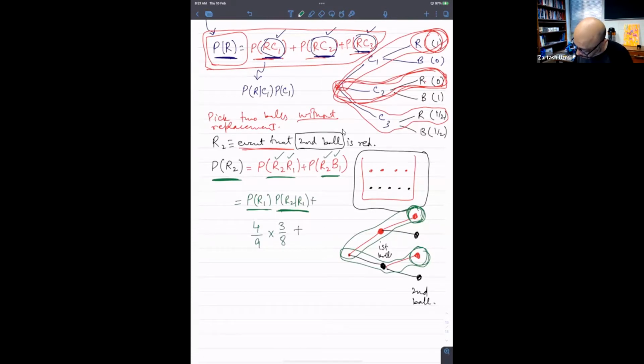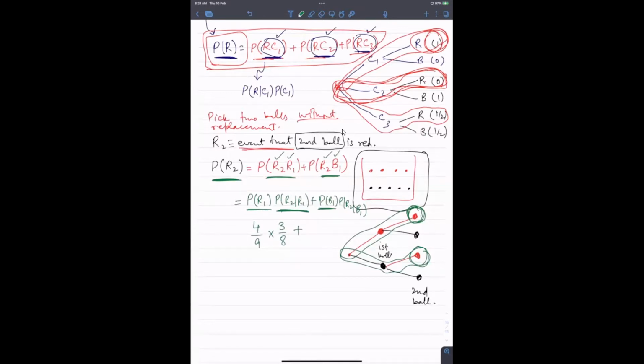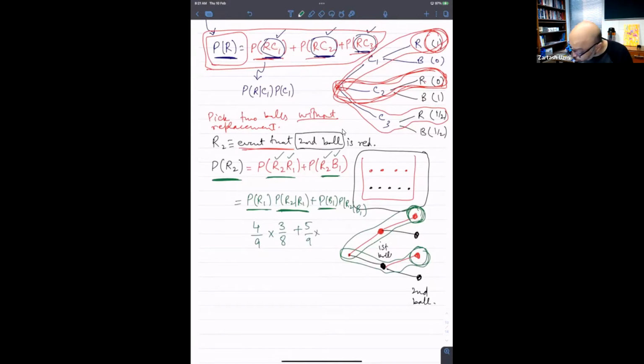Plus the probability of B1 times the probability of R2 given B1. What is the probability of B1? Anyone? 5/9. It's going to be 5/9 times the probability of R2 given B1. Now you have drawn a black ball and put it aside, you are not replacing it back, without replacement.